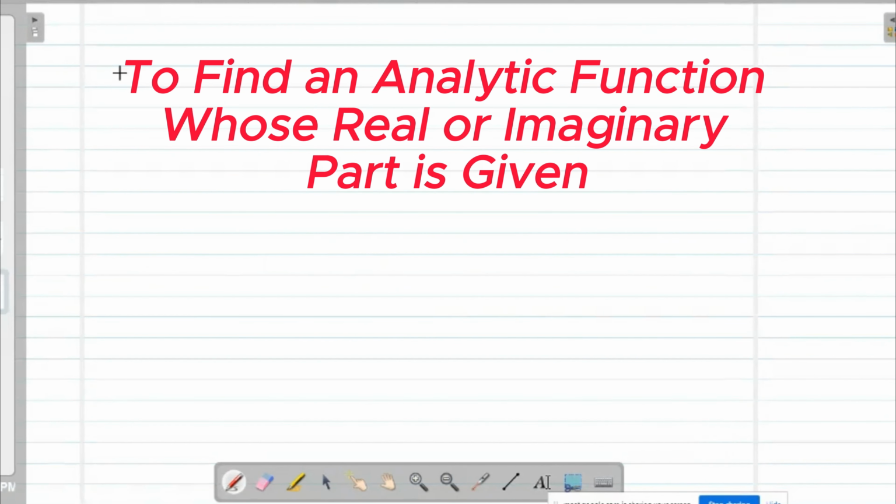To find an analytic function whose real or imaginary part is given.